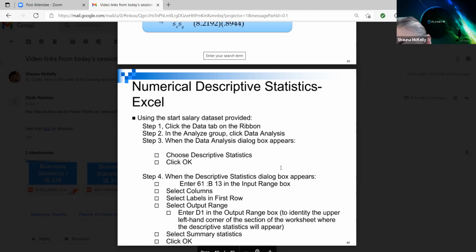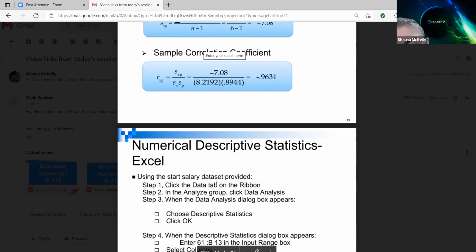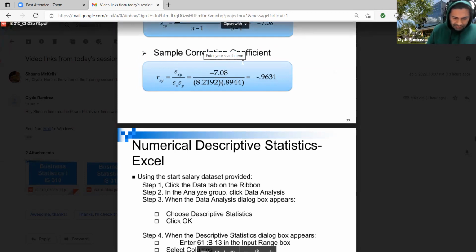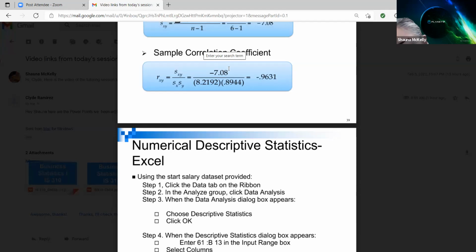But remember that she wrote down the standard deviations at the beginning. So if you're getting R and you've done all this work to get the covariance, which is the top part, it's the covariance divided by the product of the 2 standard deviations right here.